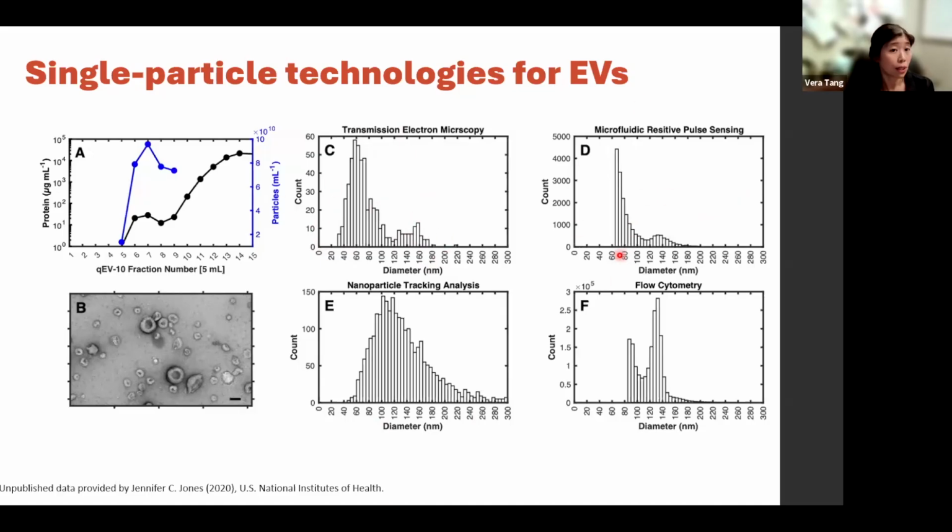Resistive pulse sensing, not a bad job. It also picks up the two, but you can see the sensitivity is perhaps not as good as EM. And then looking at nanoparticle tracking, the sensitivity is okay, but the resolution is not there. You're not actually able to separate those two populations.